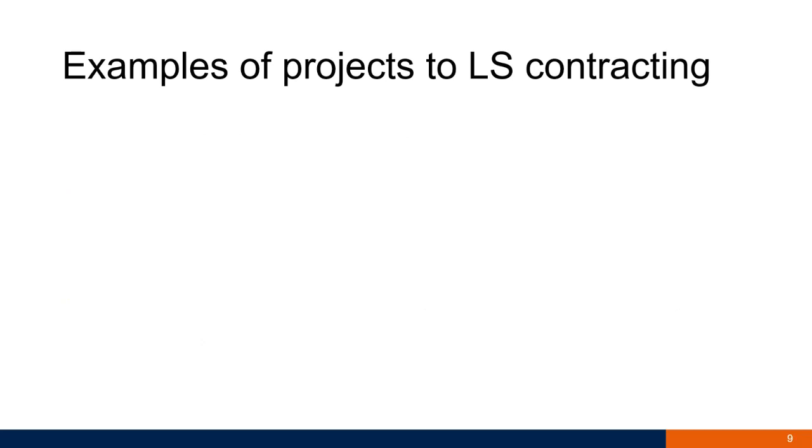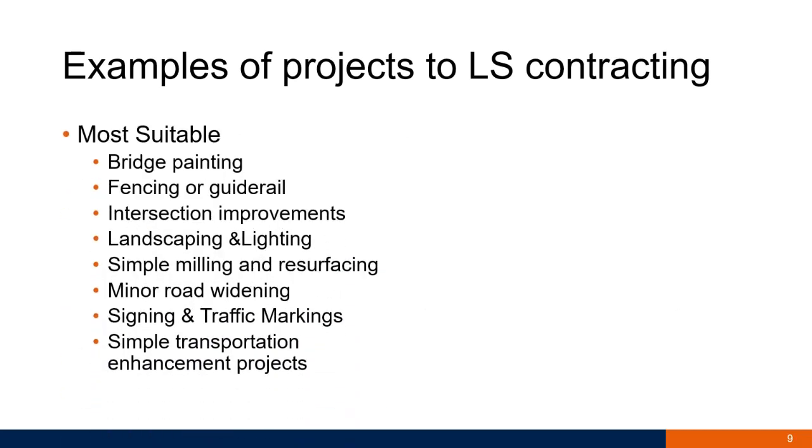I also found in these guidelines that they provided some examples of projects for which they would select lump sum. They said the most suitable projects would be things like bridge painting, fencing, guide rail, intersection improvements, landscaping and lighting, simple milling and resurfacing, minor road widening, signing and traffic marking, and simple transportation enhancement projects.